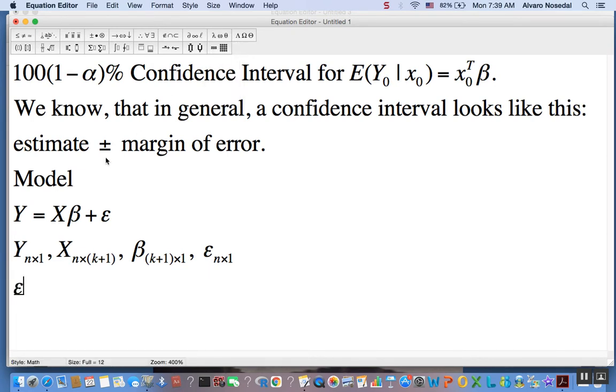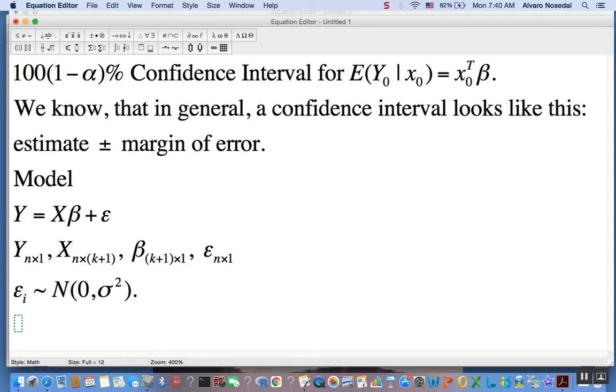Let me write that down here. Epsilon i, we have a normal, mean 0, variance sigma squared, and of course we're assuming independence between those epsilon i's.